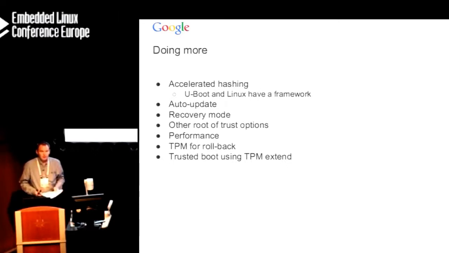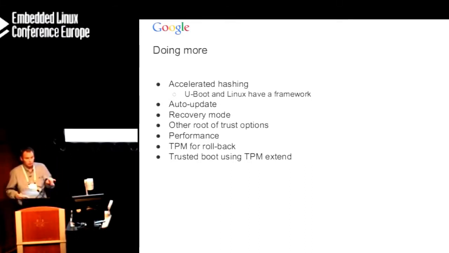Some have public key crypto, which also can be used. You can do an auto-update feature, useful if you think you're going to make a mistake and want to update in the field, or even to add new features. This is the recovery mode that I was trying to show you with Chrome OS, a little bit hard to see, but if you've got a Chromebook, you know how to go into recovery: escape, refresh, power. It's perfectly harmless. Go in there and have a look around.